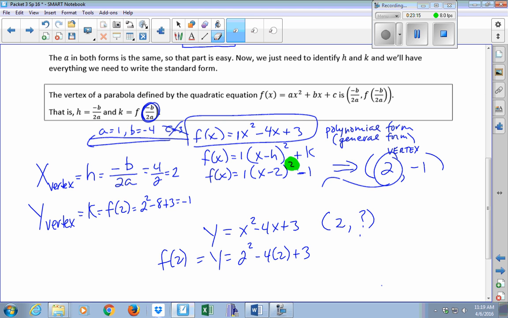In this case, because I'm trying to find the value for y, x is 2. But I could find the value for any point on this parabola, Mahendra, by just putting a value for x in. Like if I put 1 in, I know 1 is one of my x-intercepts because I've already done it in my head. 1 squared is 1, take away 4 is -3, plus 3 is 0. 1, 0 is an x-intercept.